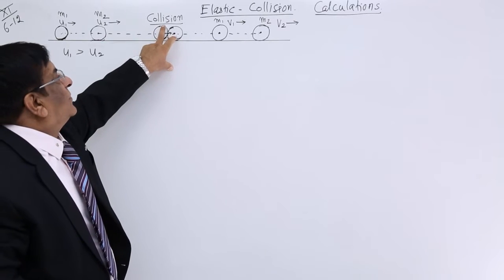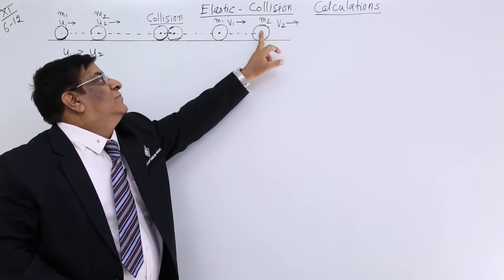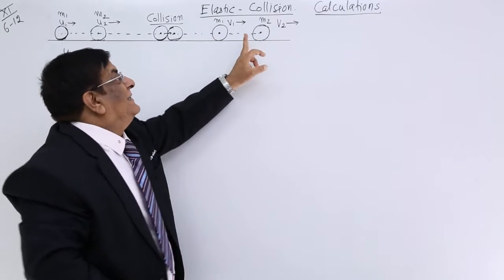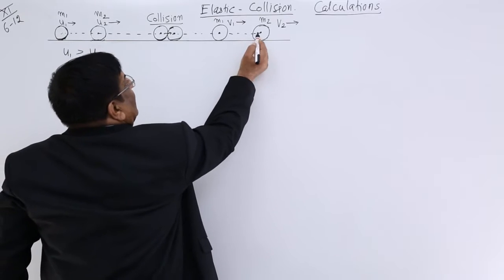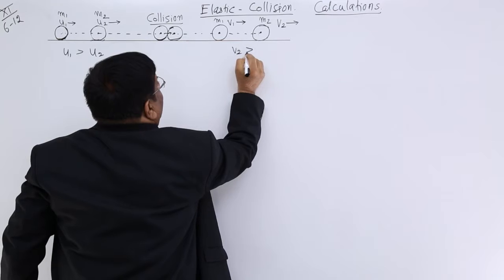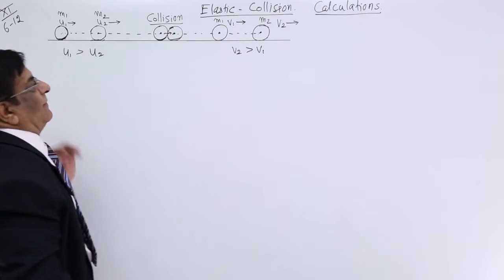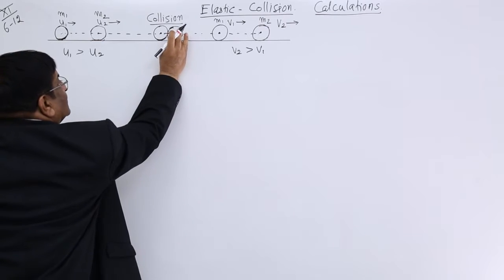So the velocity after collision becomes v1 for this one and v2 for the second one. In this case, v2 is greater than v1 and they separate out. This is what happens.